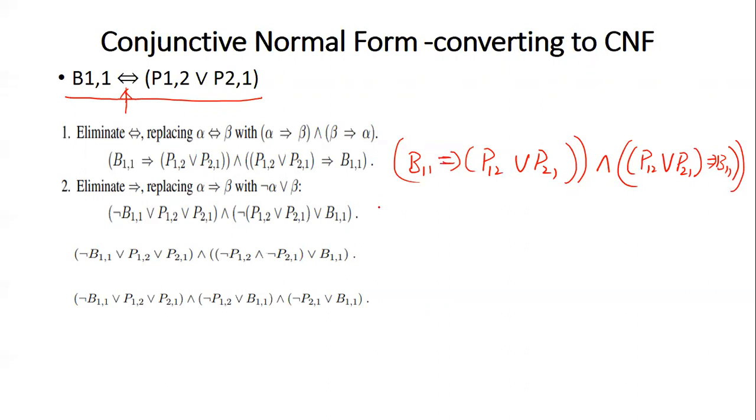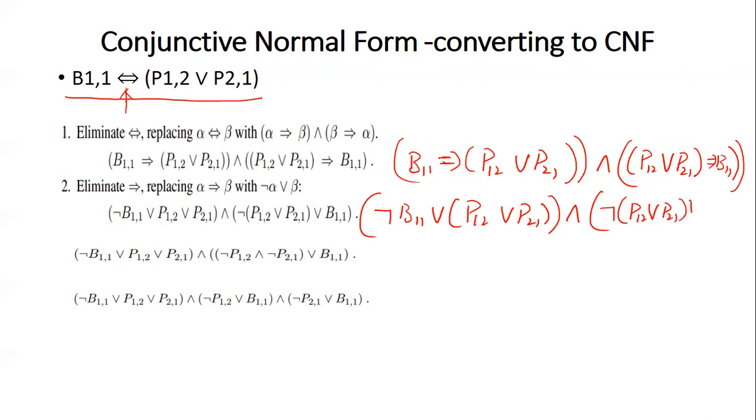When you remove the implies, this sentence will be converted into not B11 or P12 or P21, and not of P12 or P21, or B11. Right, like this it will be converted.